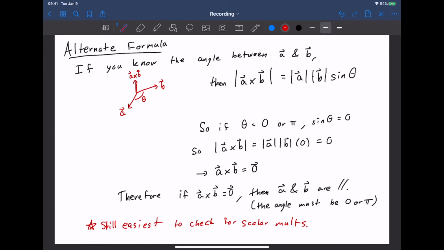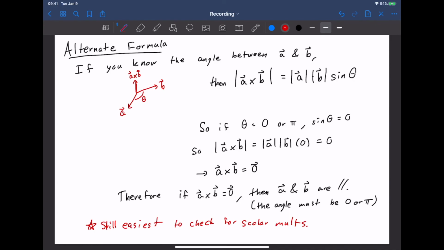If the cross product was a 0 vector, it meant that there wasn't enough information to get out of the plane that A and B are on, because those two vectors are parallel, so there's just one direction being talked about. I'll say that again.